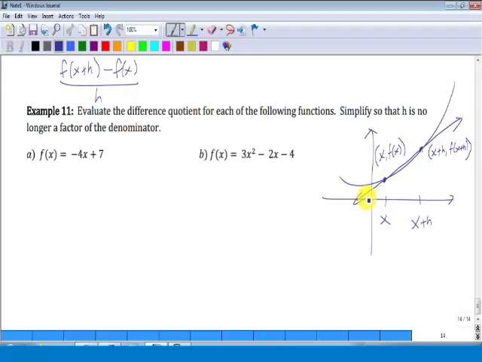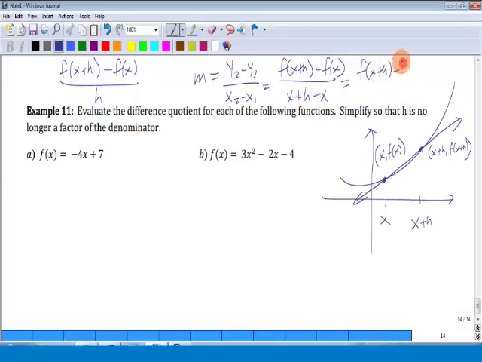The slope formula, y sub 2 minus y sub 1 over x sub 2 minus x sub 1, gives us f of x plus h minus f of x over x plus h minus x, which is f of x plus h minus f of x divided by h.